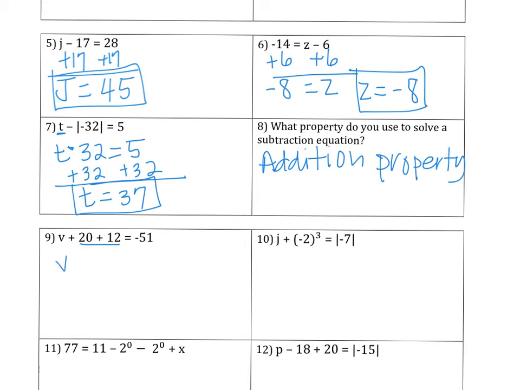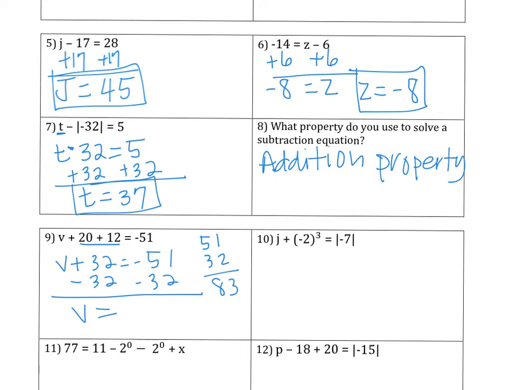So we have v plus 32 equals negative 51. Subtract 32 from both sides. V equals, so we have a negative 51 and a negative 32. So if we add those together, we have 83 negatives. So it's negative 83.